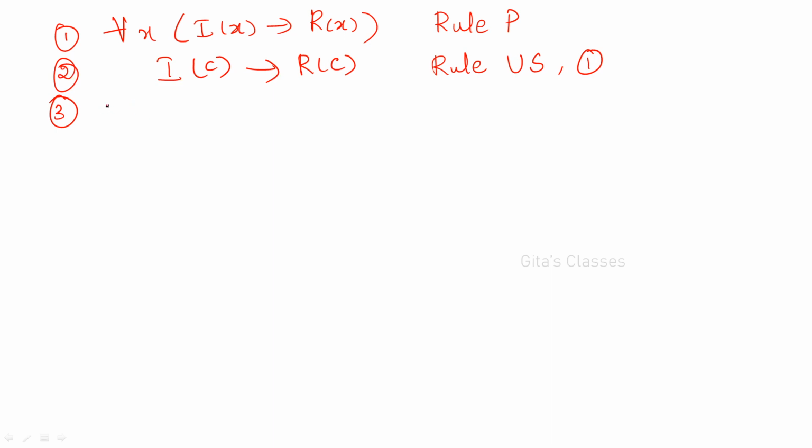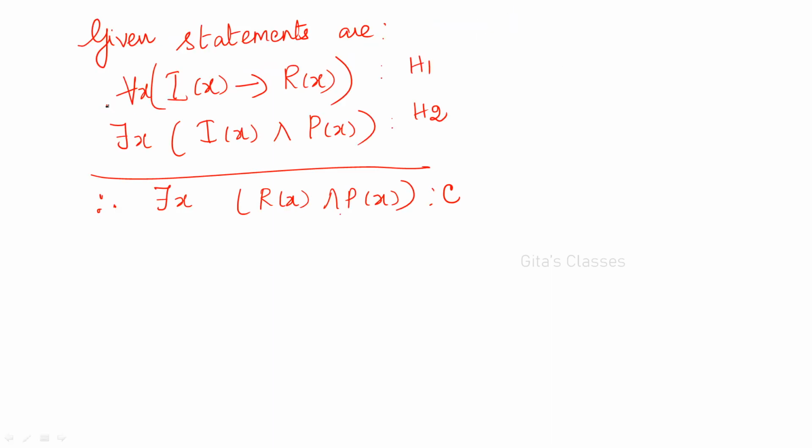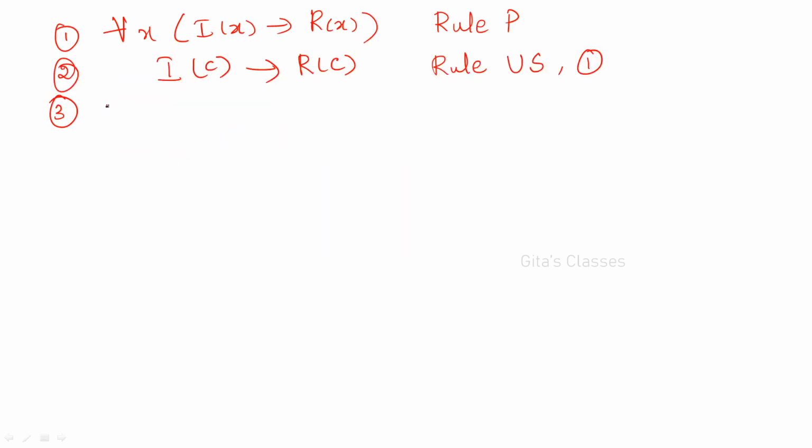So now let me introduce the next statement. There exists x, I(x) and P(x). Now I am introducing a new premise, therefore it is rule P. From this, again an existential quantifier is there. I cannot apply our rules, implications and equivalences to this with quantifiers.